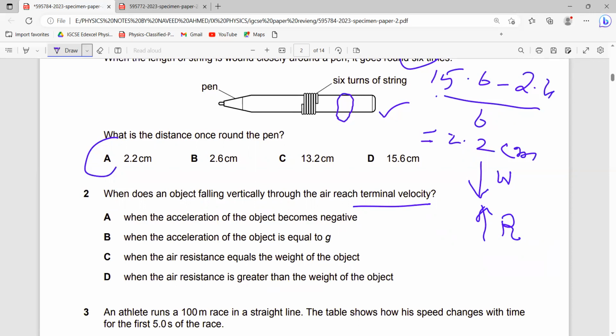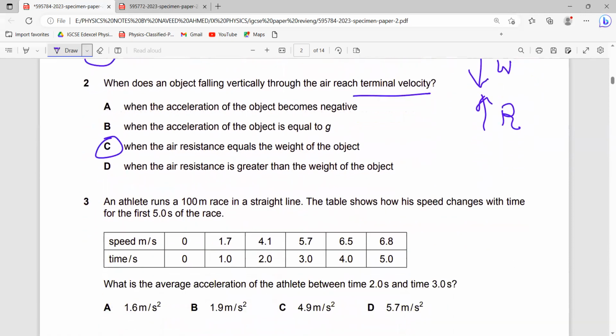The second option is when the acceleration of the object is equal to g. Now C, when the air resistance is equal to the weight of the object. Yes, this might be correct. And D, when the air resistance is greater than the weight of the object. No, this is not.